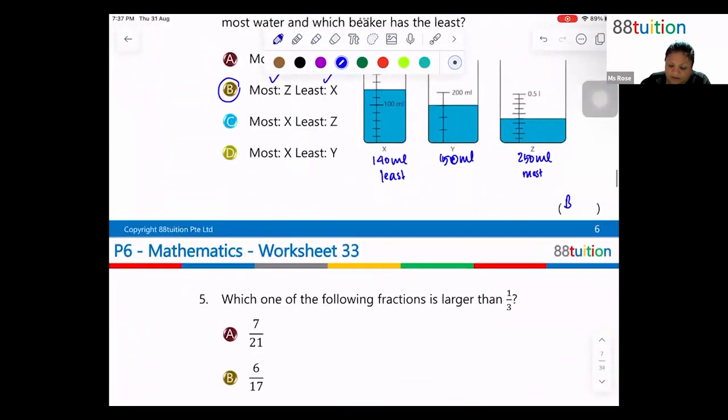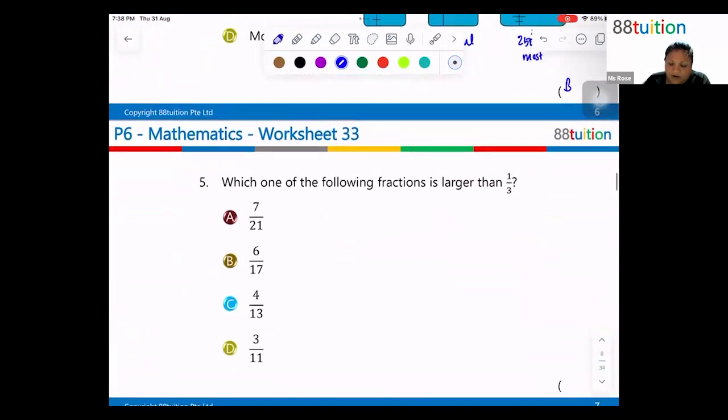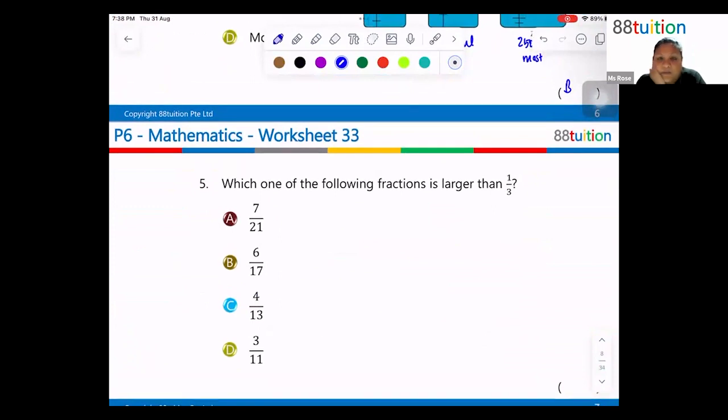Question 7. Okay, now, how do we know which one is larger? Okay, let's take a look at this. This one I can simplify to give me 1/3 minus, which is larger? Do I minus this?